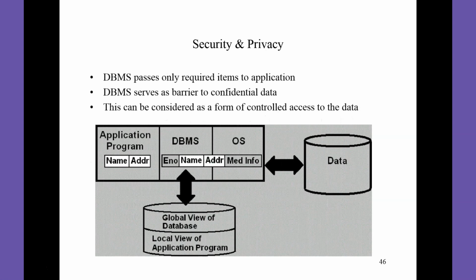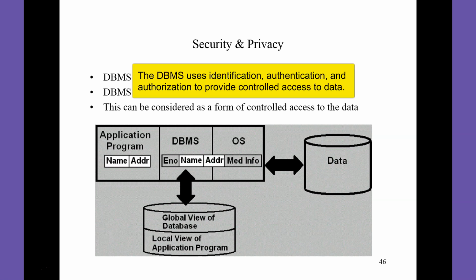Although data are integrated from different sources, users must be authorized to access particular data. We're putting all of the data into a single container, the database, so we want to be sure that people access only what they should be permitted to access. So the database management system uses a form of identification, authentication, and authorization as part of its general security features.